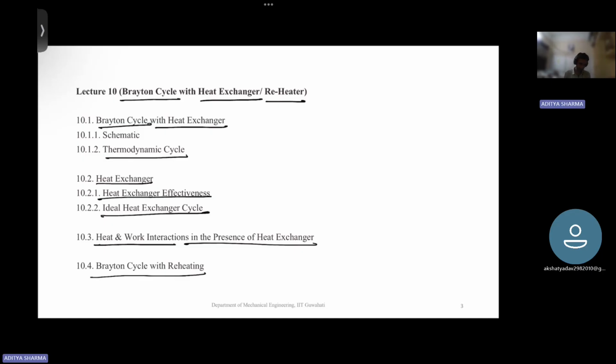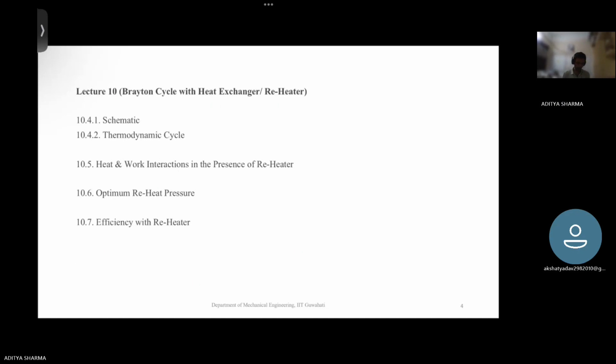Up to 10.3, we were discussing our heat exchanger. From 10.4, we have discussion on reheater. Here also the schematic and thermodynamic cycle of a reheat cycle have been mentioned and discussed.